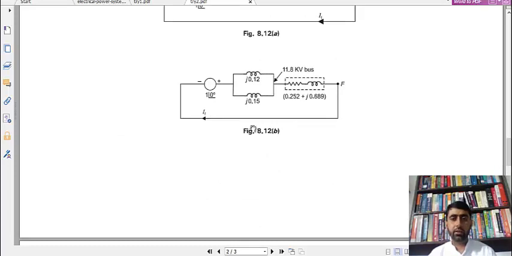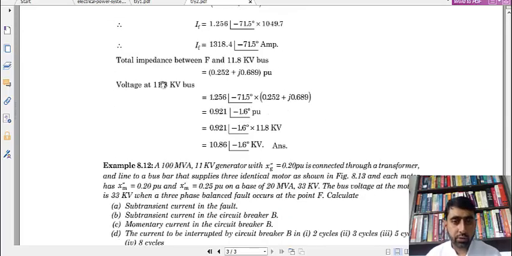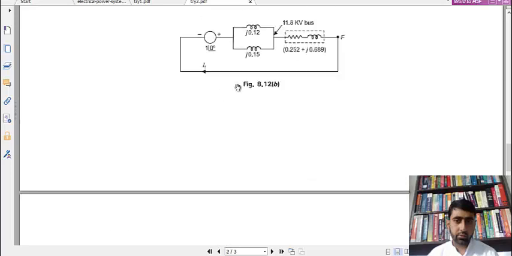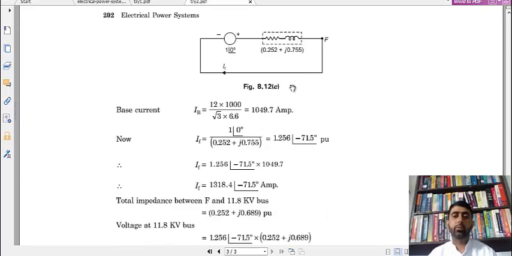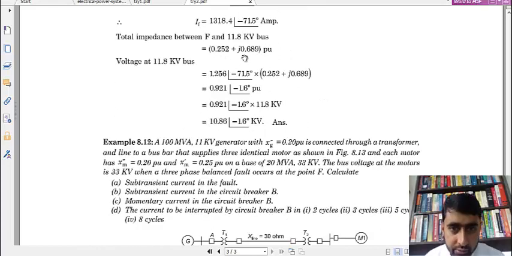Now we have to calculate the voltage at this point. The voltage will be nothing but the voltage drop across this total impedance. That voltage drop will be the fault current multiplied by this impedance, which is this much, 0.252 plus J 0.698689, that is written over here.